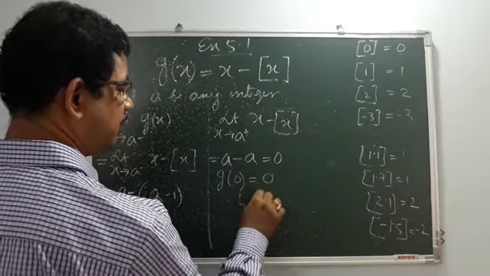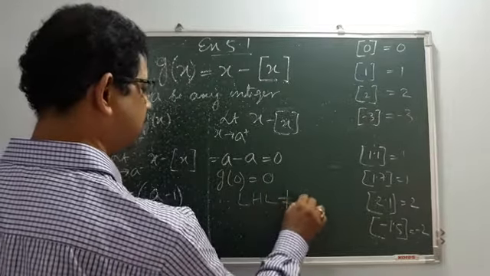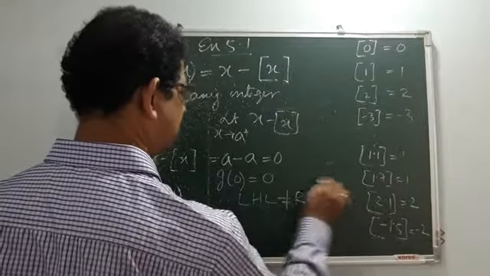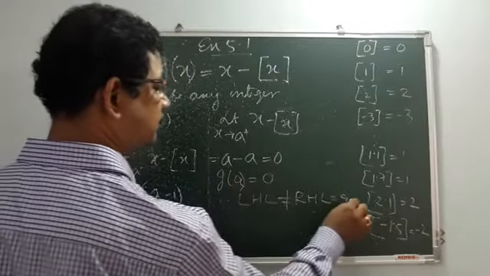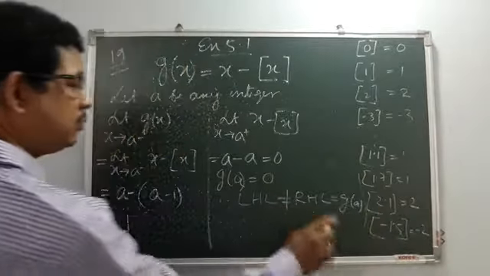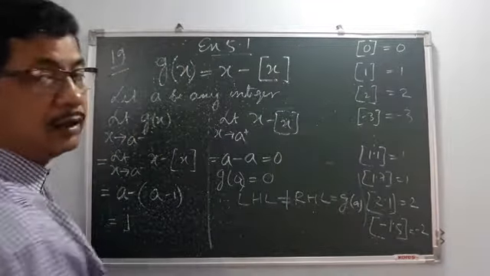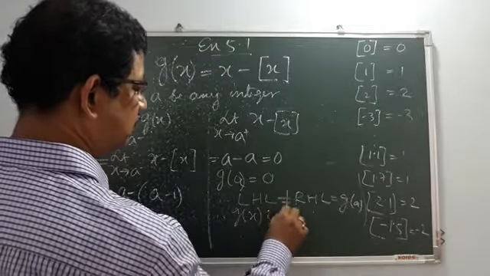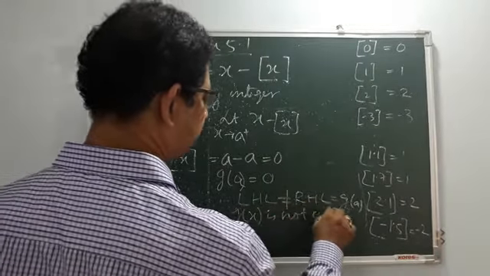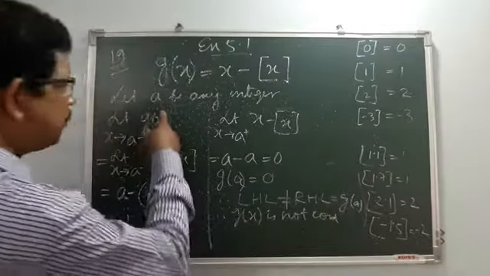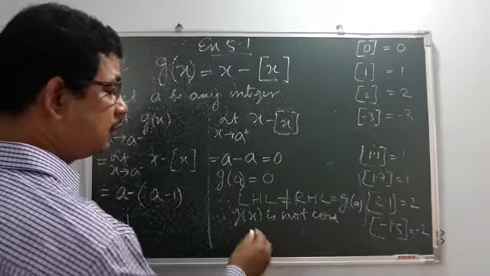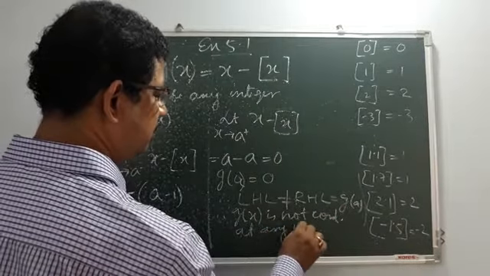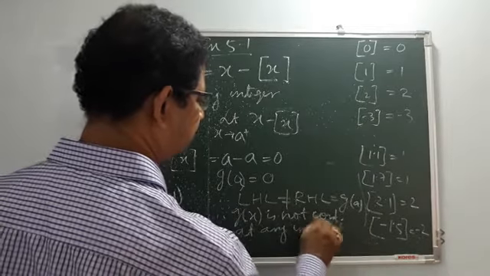Therefore LHL is not equal to RHL, so g(x) is not continuous at x equal to a. Here a is any integer, so it is not continuous at any integral value.